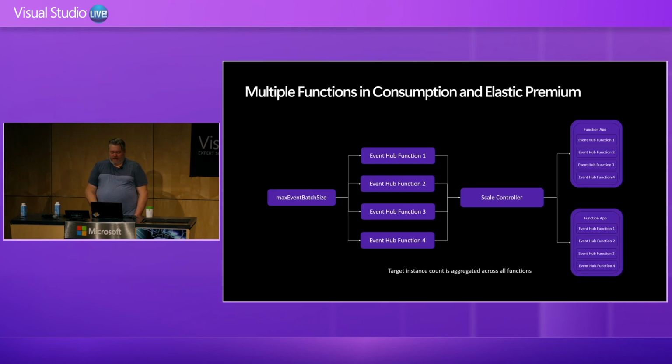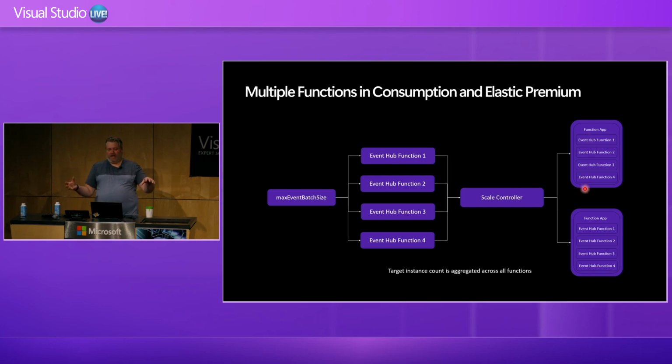All right. So one further concept is how, when it scales, your app in the consumption and premium plan will have all of those functions processing from the source. So here we have multiple event hub functions. They might be looking at different event hubs, for example, but all of those event hub triggered functions are voting and they are scaling together.